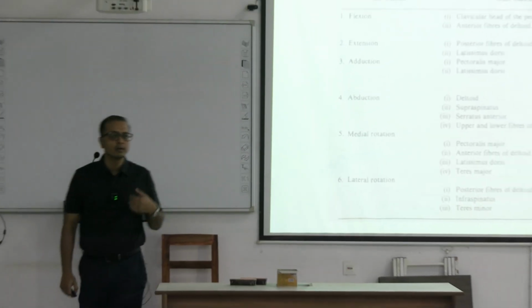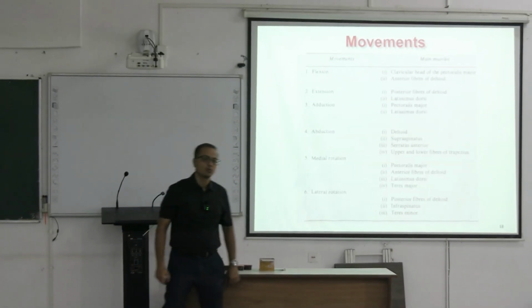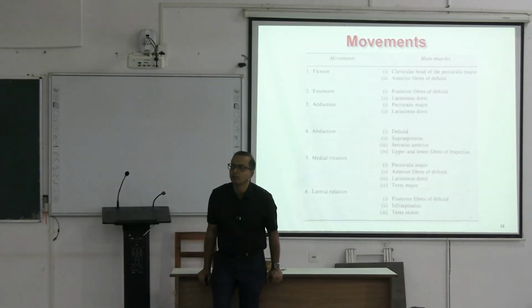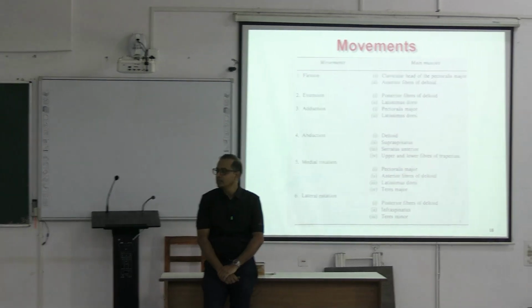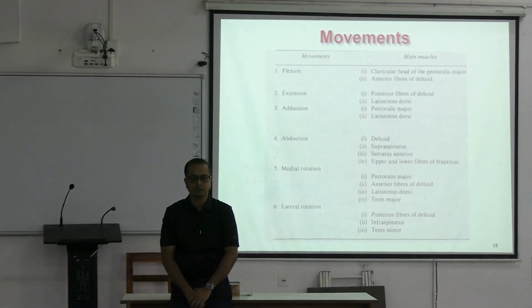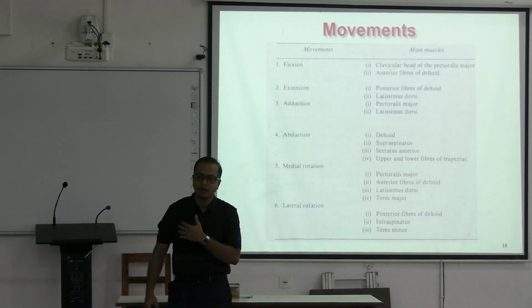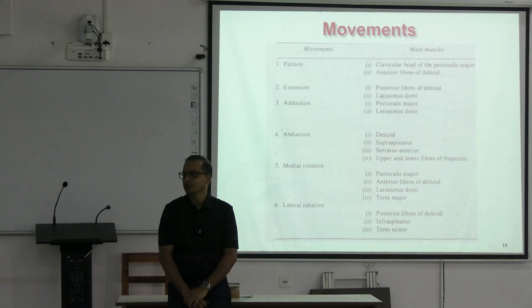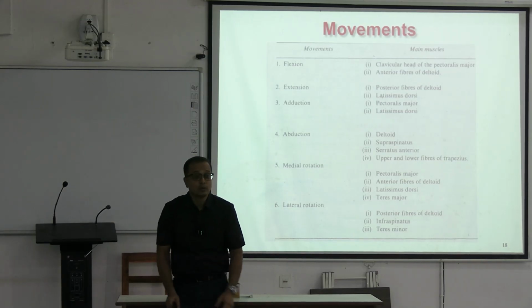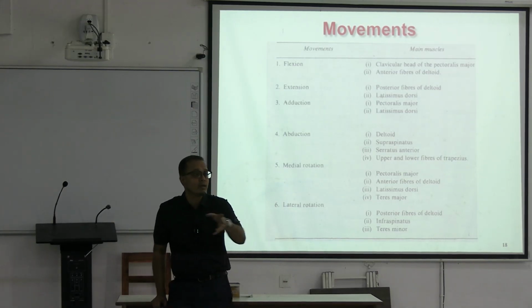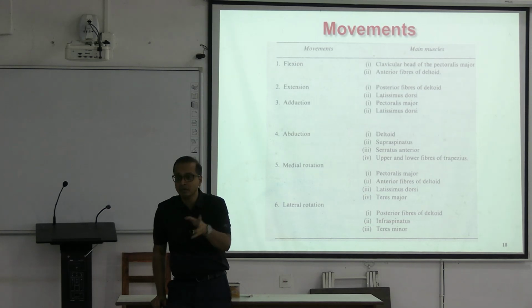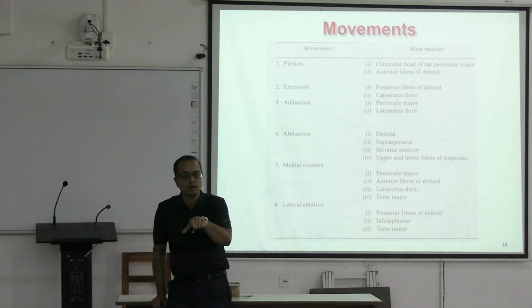Abduction of the shoulder joint can be asked as a short note. So what should you write? Whenever abduction is asked, you have to describe it. Abduction is the lateral movement away from the body at the shoulder joint. It has three phases: initiation, middle and final. The first phase is initiated by supraspinatus and assisted by deltoid.